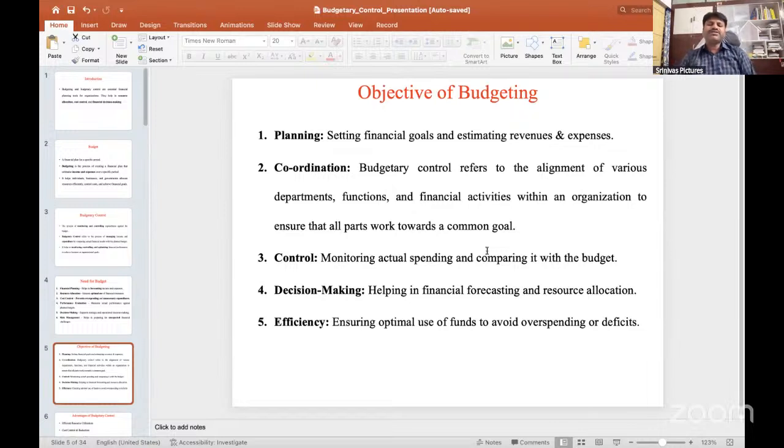After knowing that, you are able to control the cost also. And decision making: it helps in decision making for forecasting all the resources. And efficiency: ensuring optimal use of funds to avoid overspending or deficit.